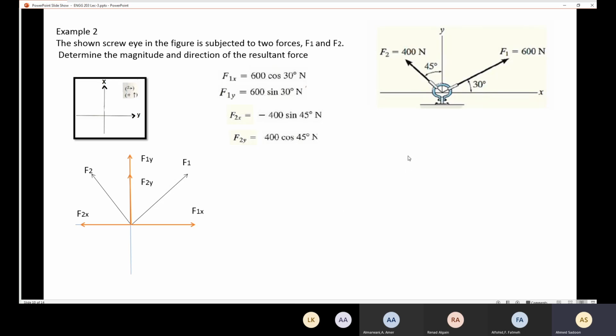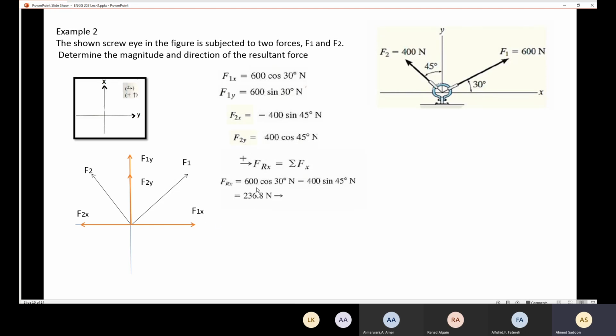Now I need to calculate the resultant force. First, I need to calculate the resultant into x and then calculate the resultant into y. So in order to calculate the resultant into x, we are going to consider any direction in here to be positive.